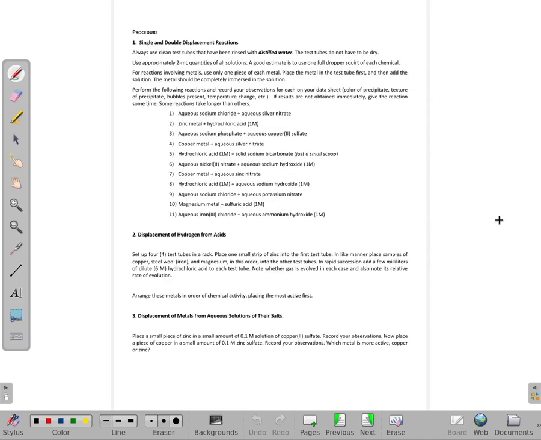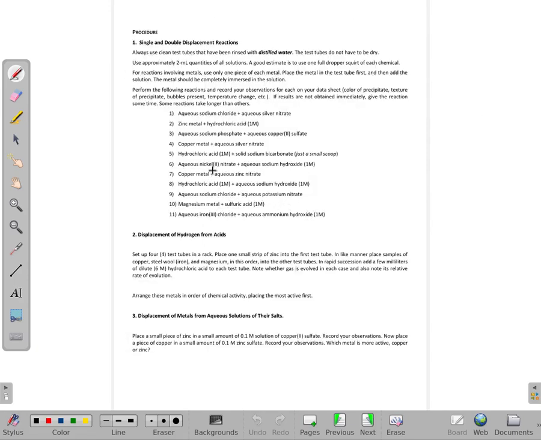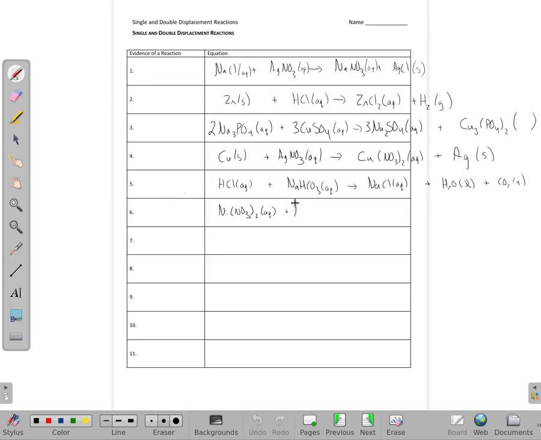All right, number 6, aqueous nickel nitrate and aqueous sodium hydroxide. It's nickel 2 nitrate, so it's Ni(NO3)2. And all nitrates are expected to be aqueous. And nickel nitrate and sodium hydroxide, NaOH, aqueous.